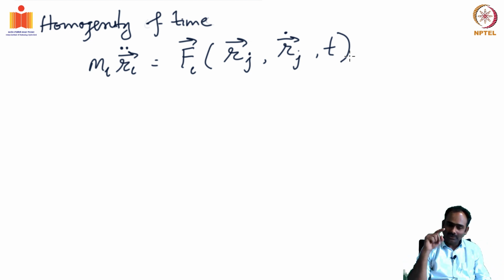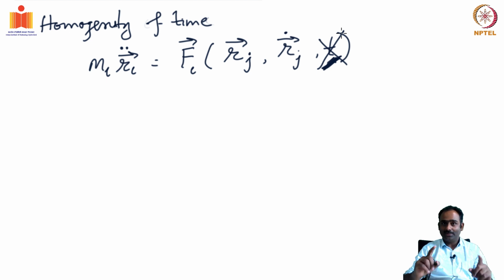But that can happen only if the forces do not change over time, right? If I start doing the experiment 1 million years later, and because of this time dependence, forces change, everything will change. The evolution of the system will not be the same if the forces depended on time. So clearly, this t cannot appear in the force.